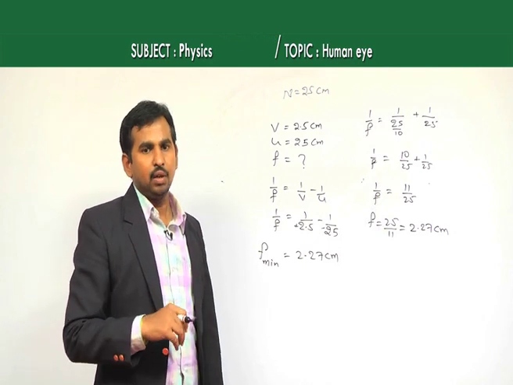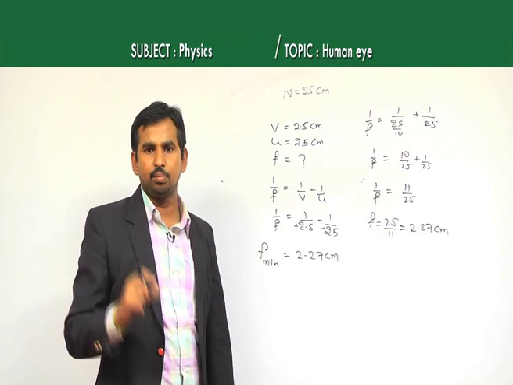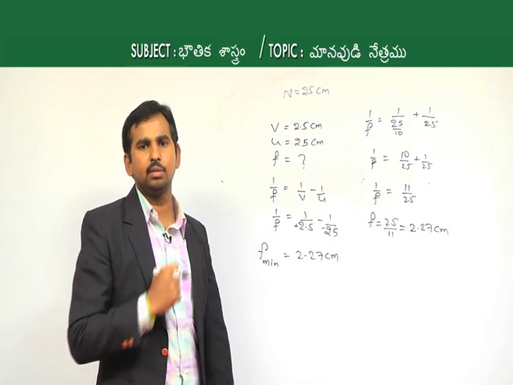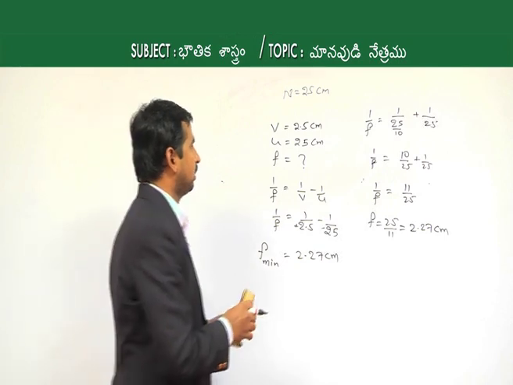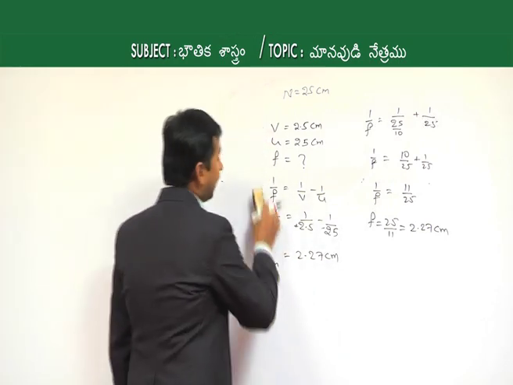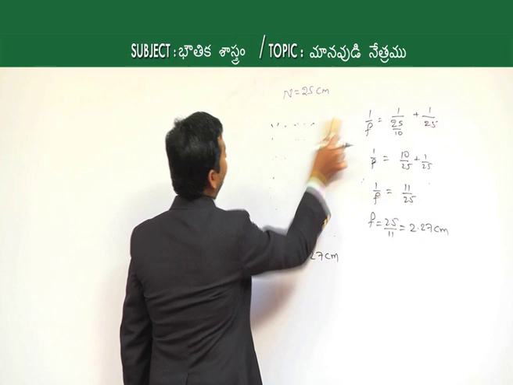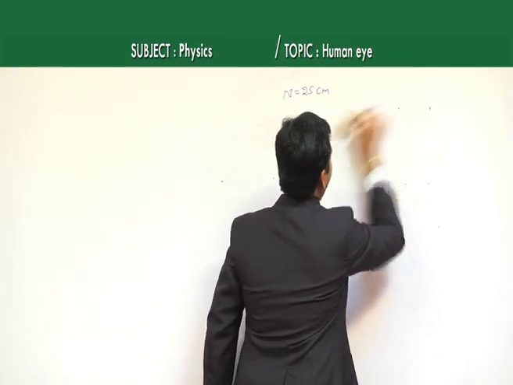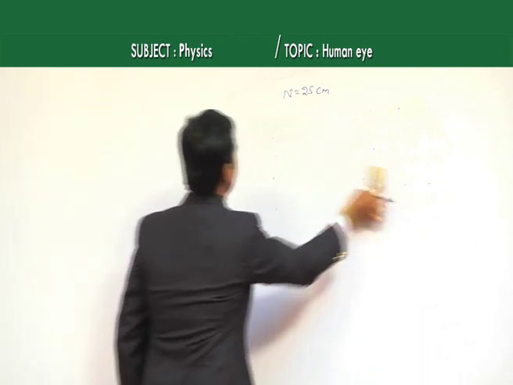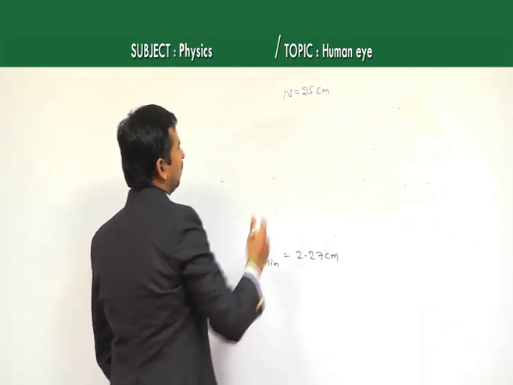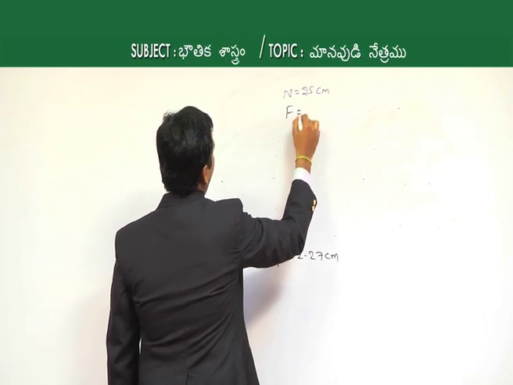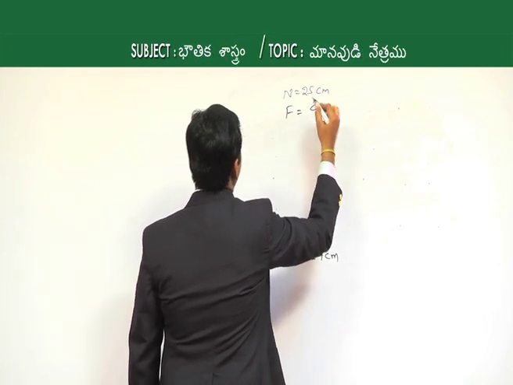So, we can see the far distant objects by adjusting the focal length again by the ciliary muscles, that is nothing but our maximum focal length. If you want to find that maximum focal length, then we place the object at infinite distance. Now I am taking the far distance here, which is the far point, and we are taking that as infinite.